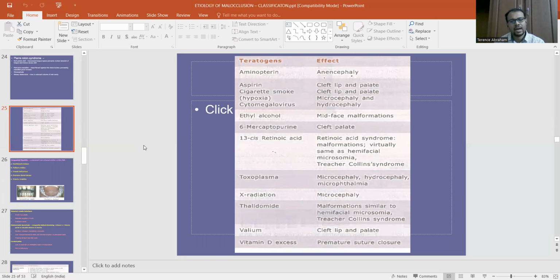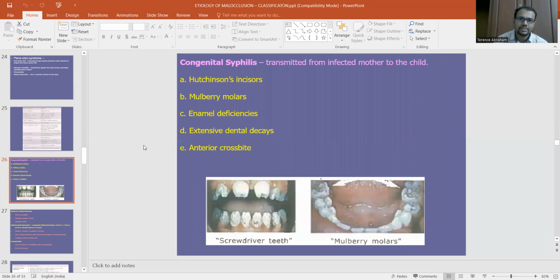If the mother is taking alcohol, fetal alcohol syndrome or midface malformations. If the mother has undergone X-ray radiation exposure, it causes microcephaly, decreased size of the head. Mother taking some drugs, thalidomide, Valium, or vitamin D excess, all these have manifestations in the fetus.